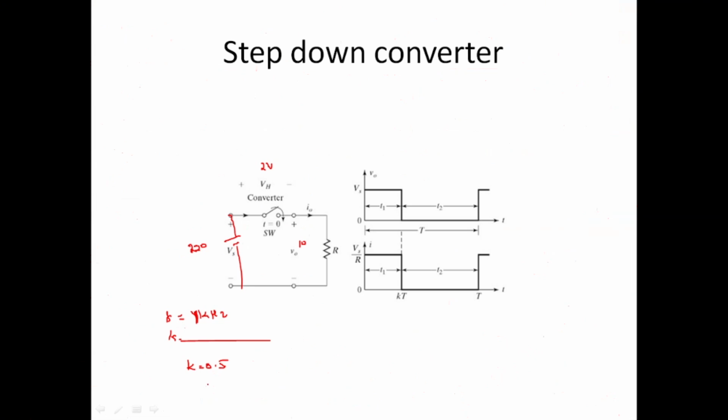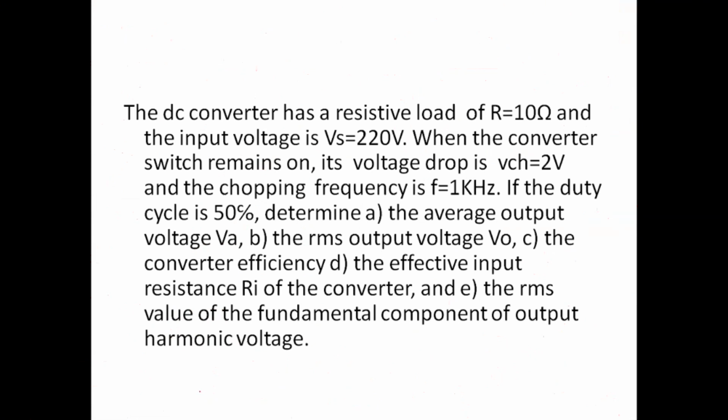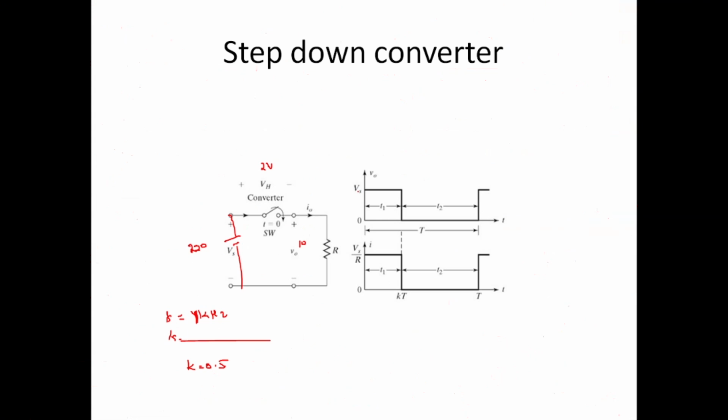Then determine the average output voltage. What is the formula for average output voltage? Va is K into Vs. K is 0.5. Vs is 220. So Va is 110 volts. Average voltage is 110 volts.